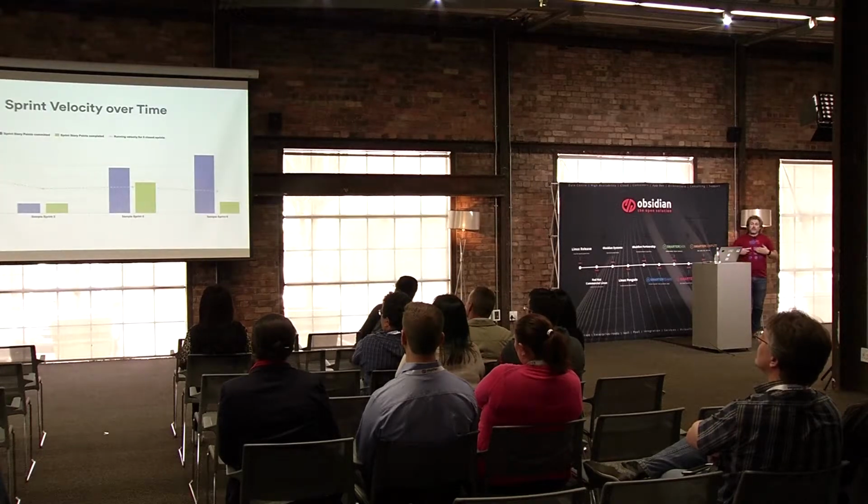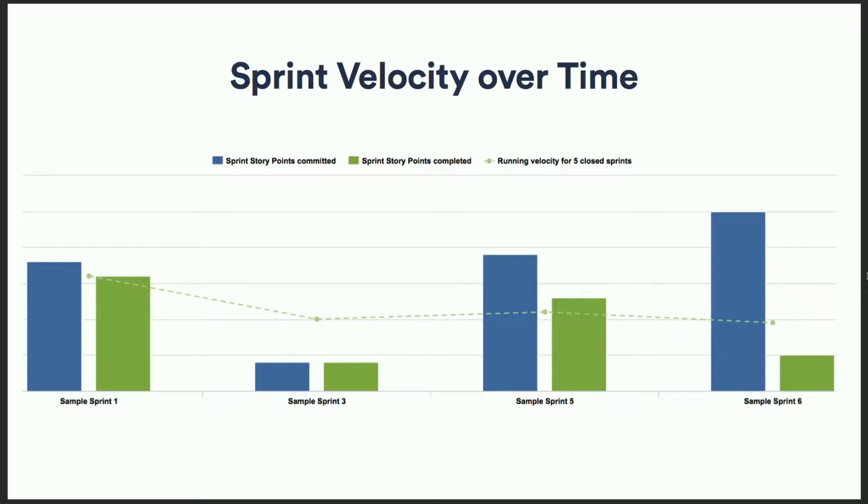points within that sprint. Then you can compare your sprint velocity, how many story points were resolved in each sprint over time. And by theory, if the same team works on the project, the sprint velocity should stabilize over time.